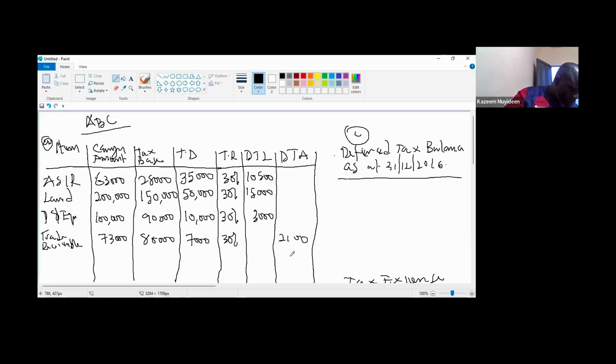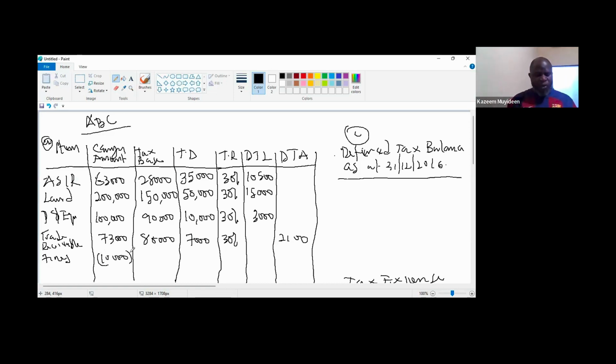Then payables. On the payables, we have fines. How much is the fine? 10,000. Is there any information on it? Let's go to the notes.